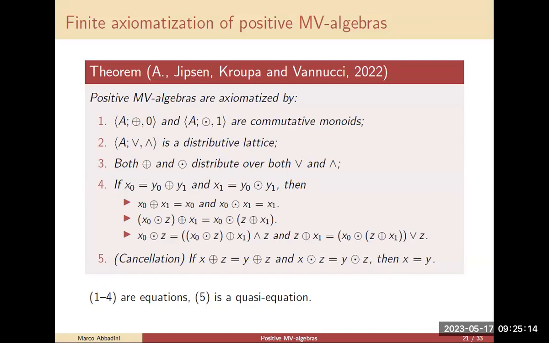So an equation has this form: an equation between two terms universally quantified, while a quasi-equation is an implication between two equations. Oh, so yes, 4 can be expressed entirely in terms of y0, y1. Yes, exactly. Okay, yeah, this is just to be ordered, if instead of putting x0, I put y0 plus y. It was not clear. Thank you.